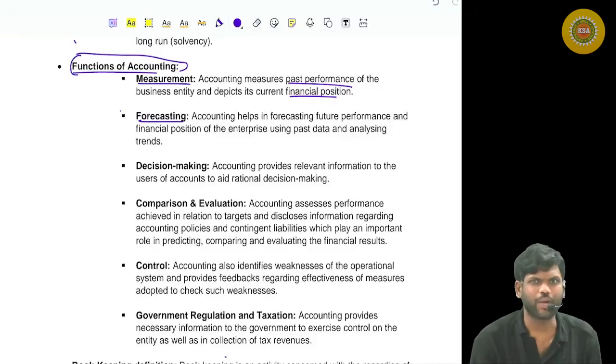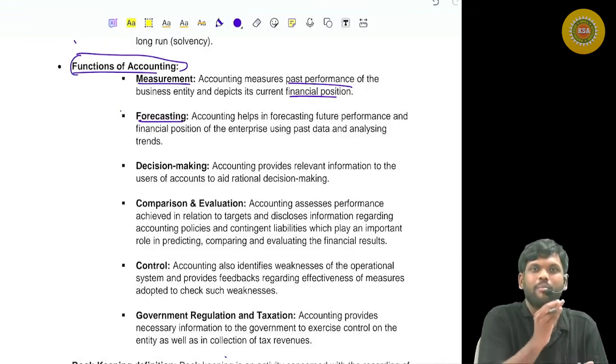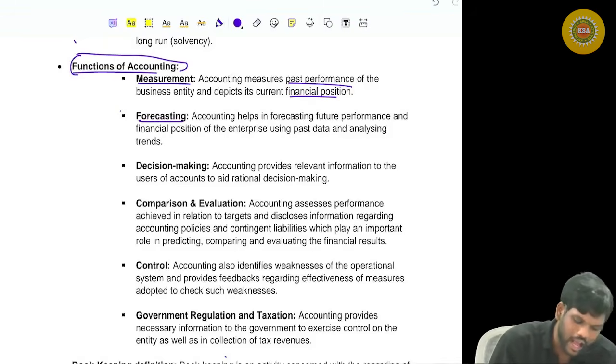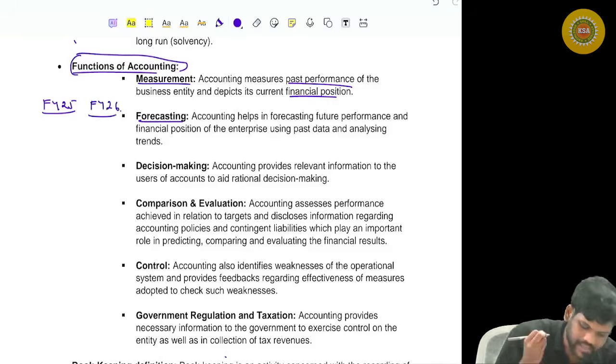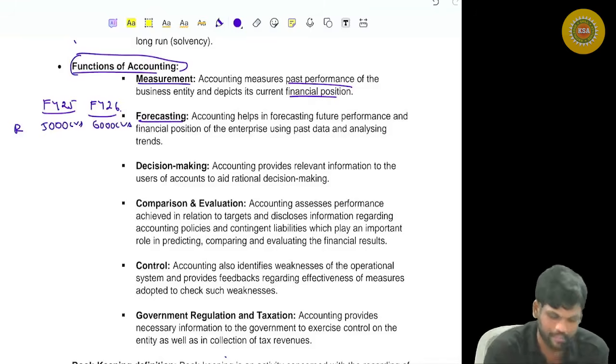It may not be accurate, but directionally he will be able to project what will happen. Now for example, assume in financial year 25 and financial year 26, there is a business which made a revenue of 5,000 crores and 6,000 crores. Quickly, I'm just explaining how forecasting can be done.